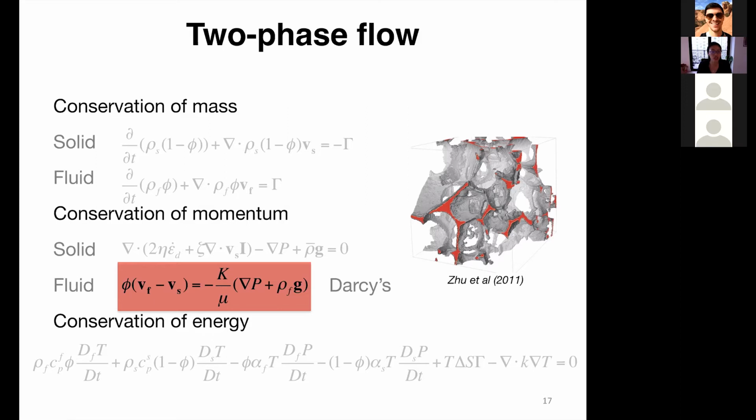Then you have VF, which is fluid velocity, and VS is solid velocity. So essentially on the left, you have the fluid segregating from the solid matrix, and that is balanced with the right-hand side. The big K is permeability of the solid matrix, mu is your fluid viscosity, and then you have your pressure gradients.